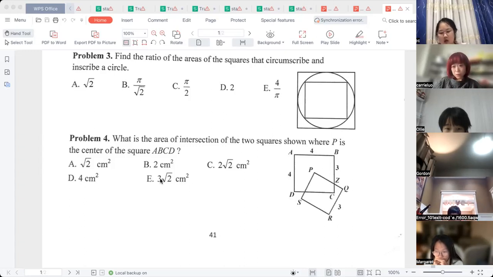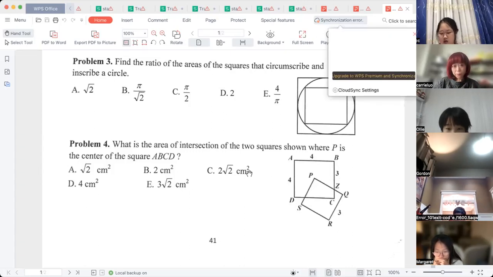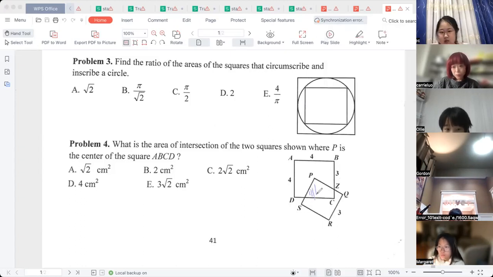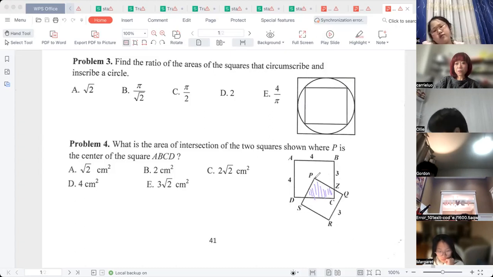Yeah, so that is the area. Luciana and Gordon and Ollie, this is the part, okay? What is the area of the intersection of the two squares, where P is the center of ABCD?